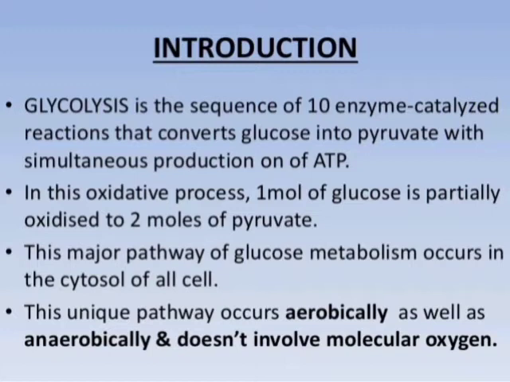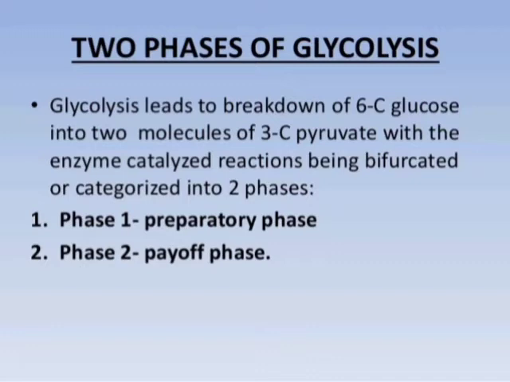Next, the phases of glycolysis. Glycolysis leads to breakdown of 6-carbon glucose, that is C6H12O6, into 2 molecules of 3-carbon pyruvate, with the enzyme catalyzed reactions being bifurcated or categorized into 2 phases.